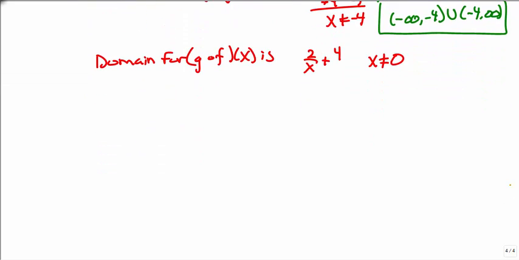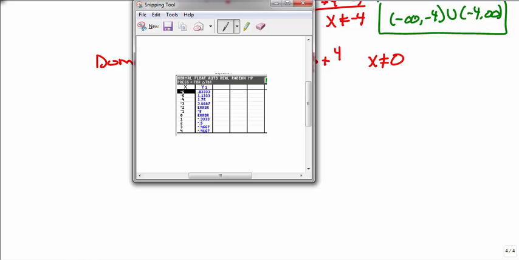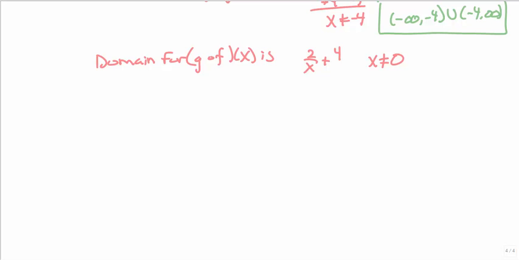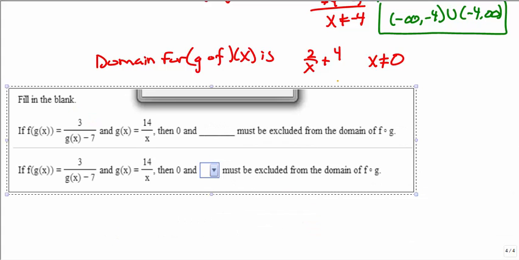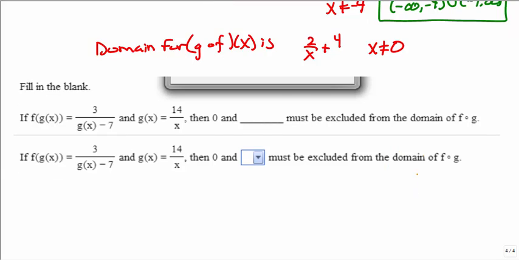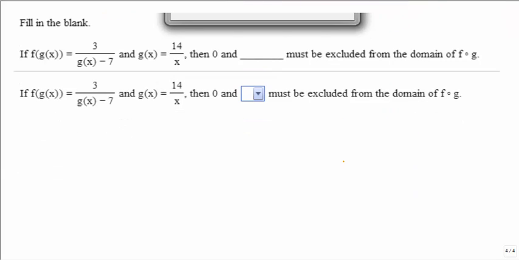So you have to keep track of your domain just like we always do when we're working with these types of functions. I'm going to go ahead and pull in a problem from my math lab so you can kind of see some of the wording that you might run into. So for this first problem, they tell me what f of g of x looks like.